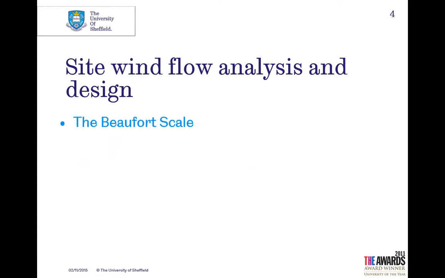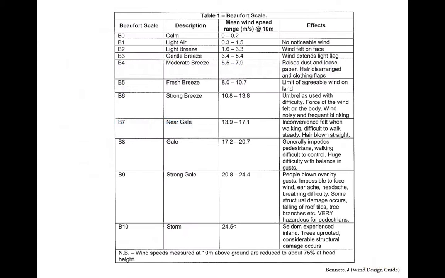And we're going to talk about a few principles in terms of wind flow design. So the first thing to understand is what's called the Beaufort Scale. And the Beaufort Scale is a method of understanding the velocity and the impact of wind.